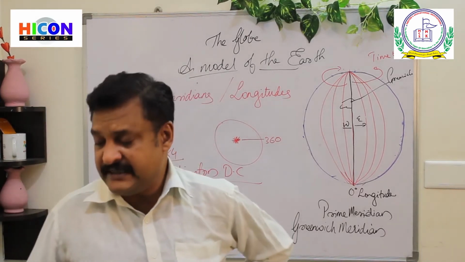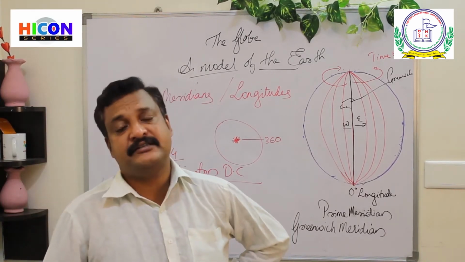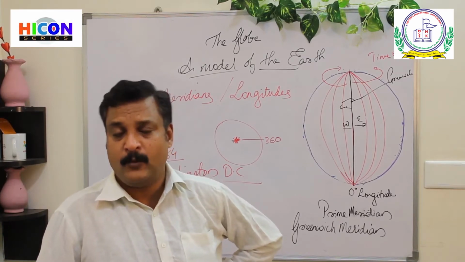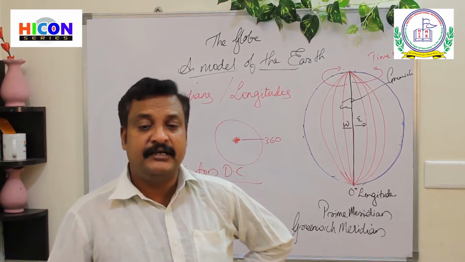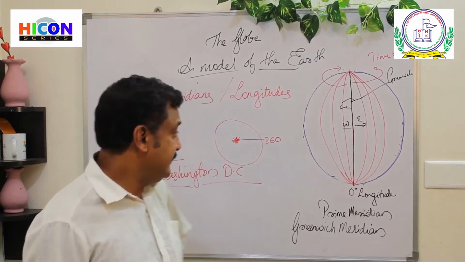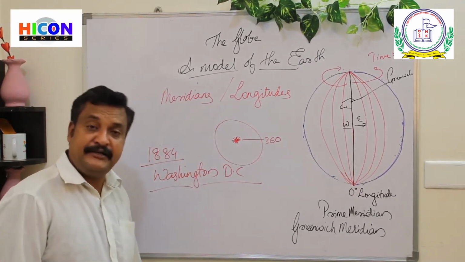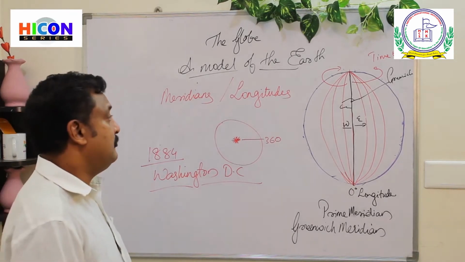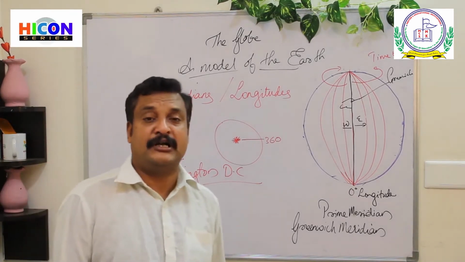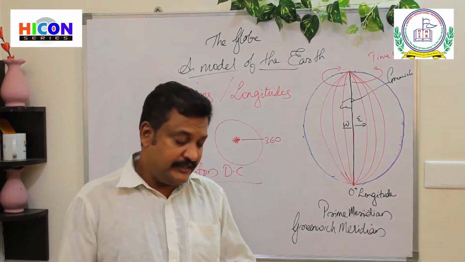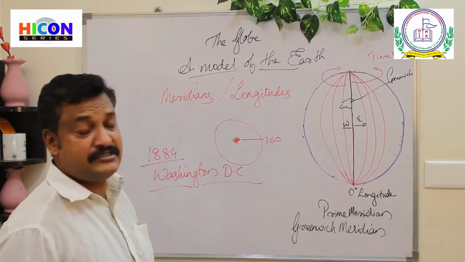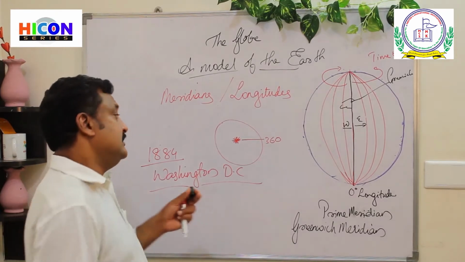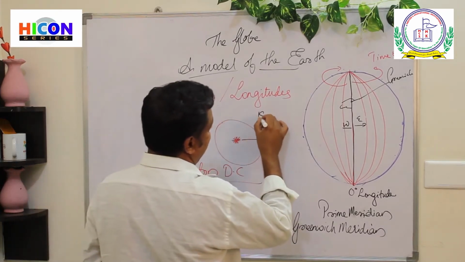Yeah, Washington DC is actually the capital of the United States of America. There was an international conference in 1884, and it was about deciding the time around the globe. So in this conference, what they decided is the 180 degree meridian.